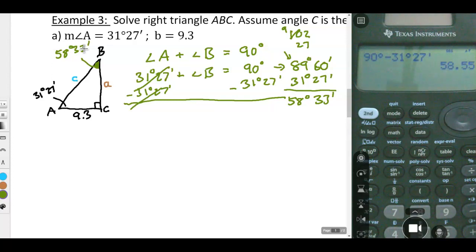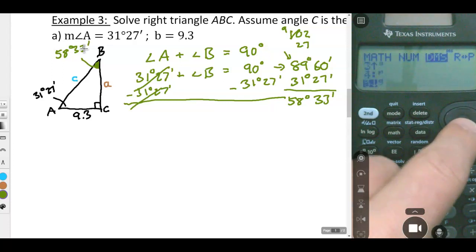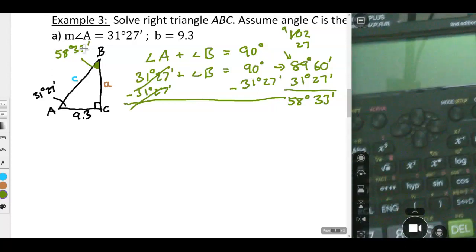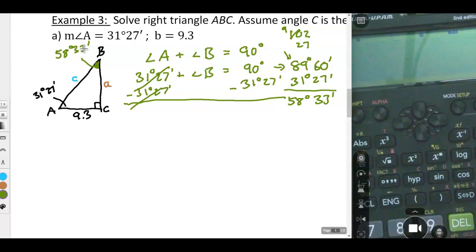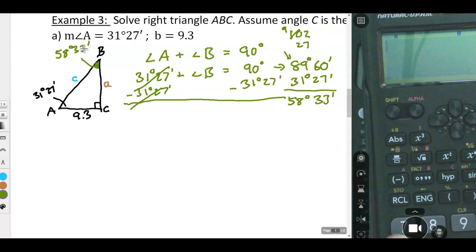So this will give me the answer as well, and then I can also convert this. Double check everything. So again, having the right calculator, having the right tool definitely helps on here. I think on this one, if you're on the Casio, you can just type in 58.